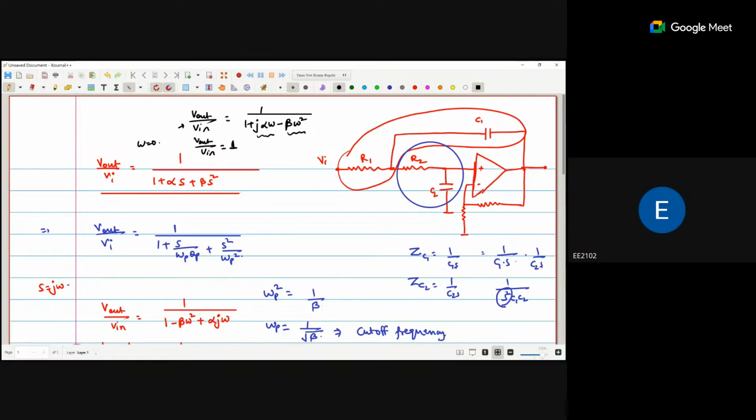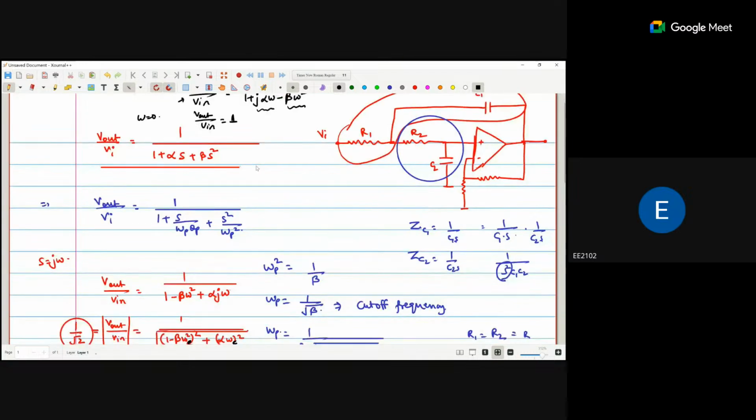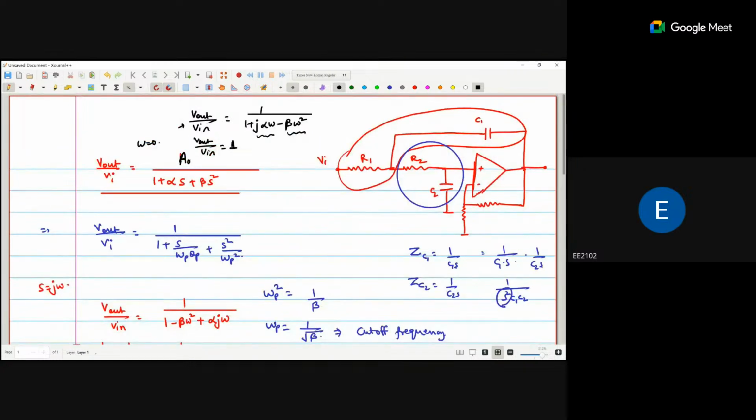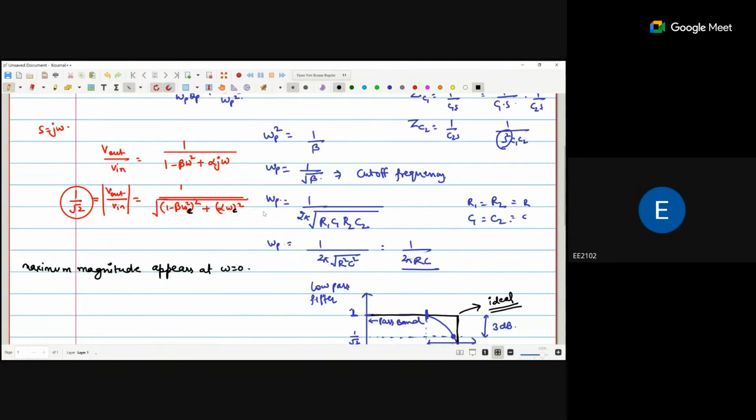So this is the maximum. Now if Vout upon Vin is a naught upon 1 plus alpha s plus beta s square, what is the maximum magnitude? That is a naught. Now to calculate the cutoff frequency, we put a naught by root 2.